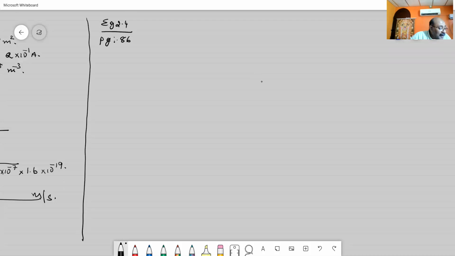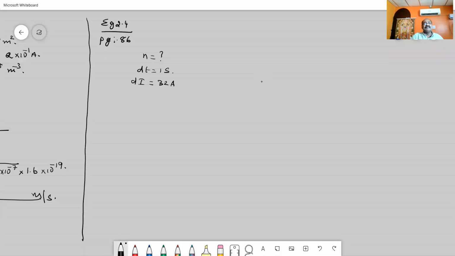Determine the number of electrons flowing per second through a conductor when a current of 32 ampere flows through it. You are asked to calculate n, the number of electrons flowing per second. So time t is equal to 1 second, and the current I is equal to 32 ampere.